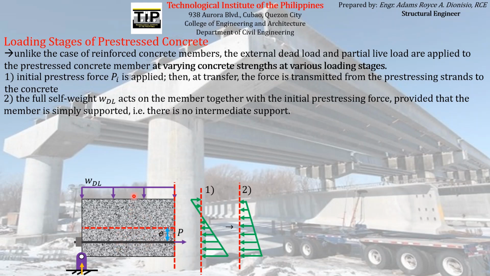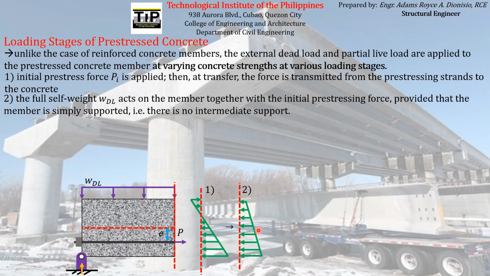The effect of those flexural stresses will make the stress diagram change from this diagram to this diagram here. So that is the result of the application of the self-weight to the concrete element.